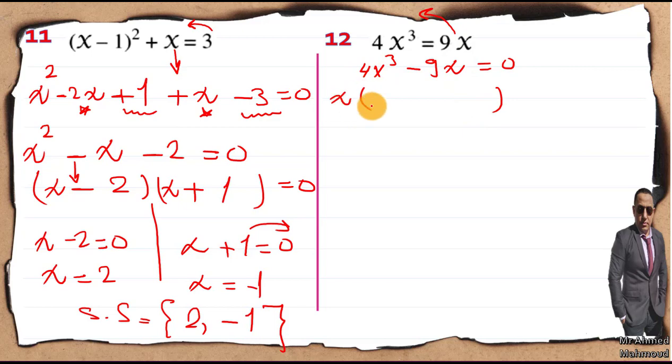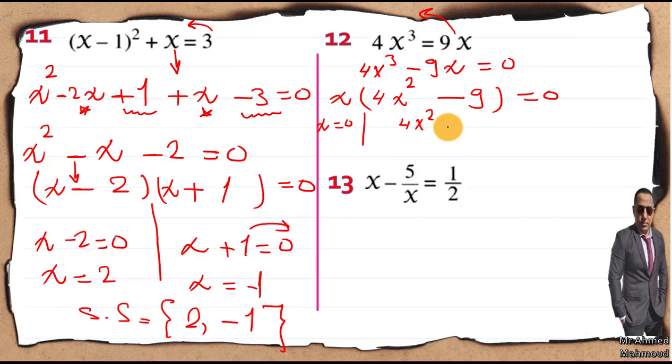4x power of 3 divided by x equals 4x power of 2. Negative 9x divided by x equals negative 9, equals 0. Separate between them. So x equals 0 or 4x power of 2 minus 9 equals 0.